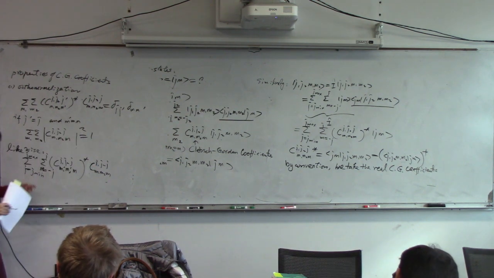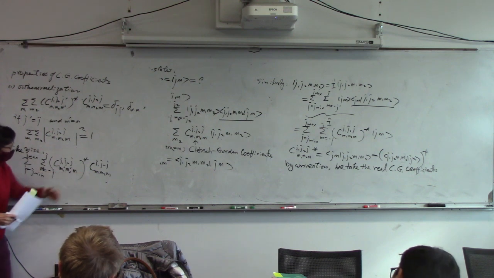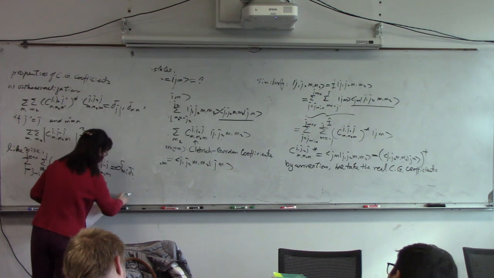So here, this first sum is for all the G and M, but different M1 and M2. Then we know if they are different, this is also zero.